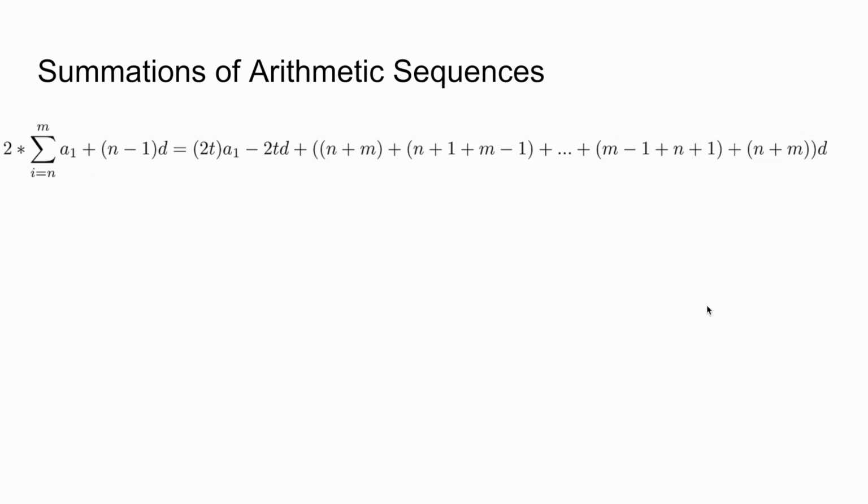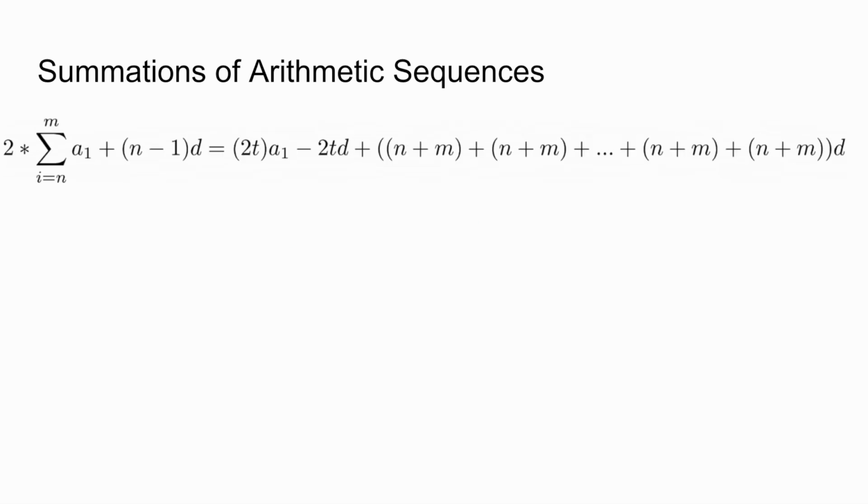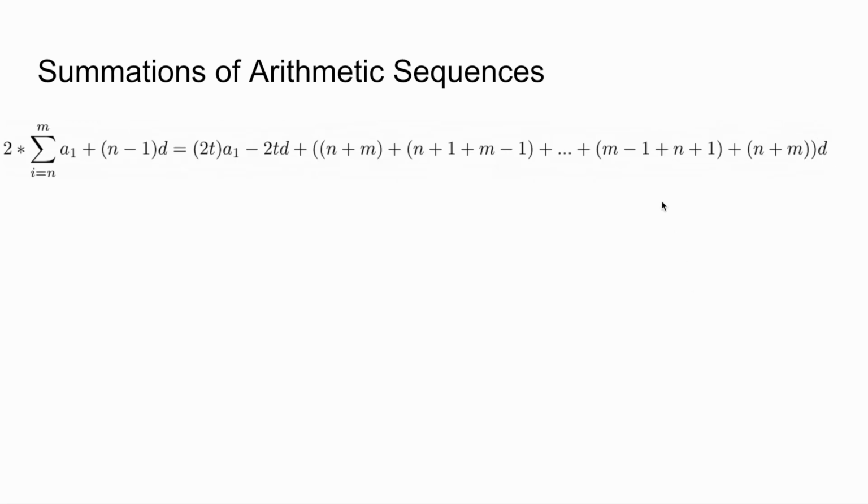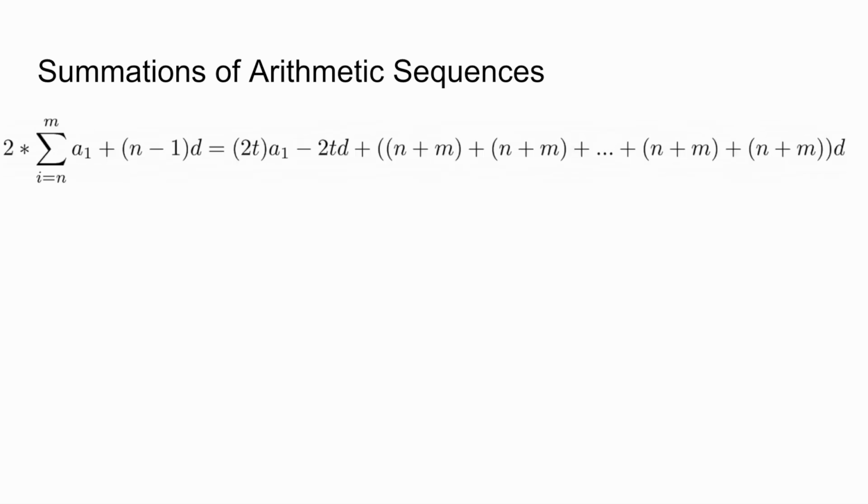And we see that that's just equal to n plus m, because all the constants cancel out. So the third thing here is going to be n plus 2 plus m minus 2, and the number is just going to be the same over and over again.